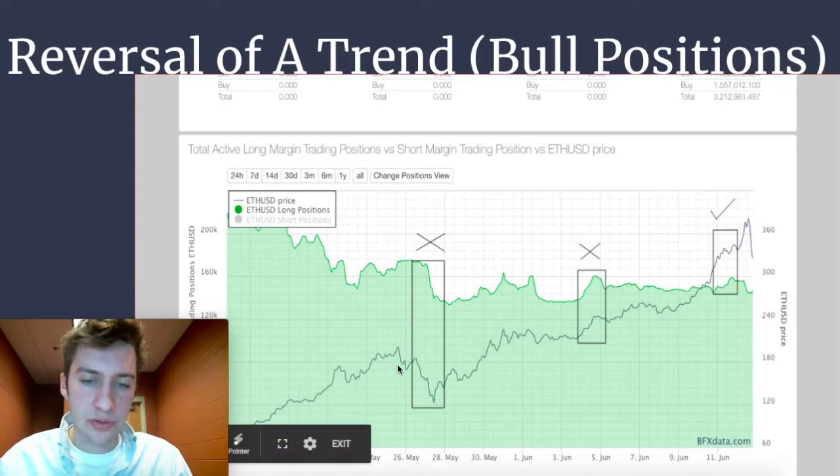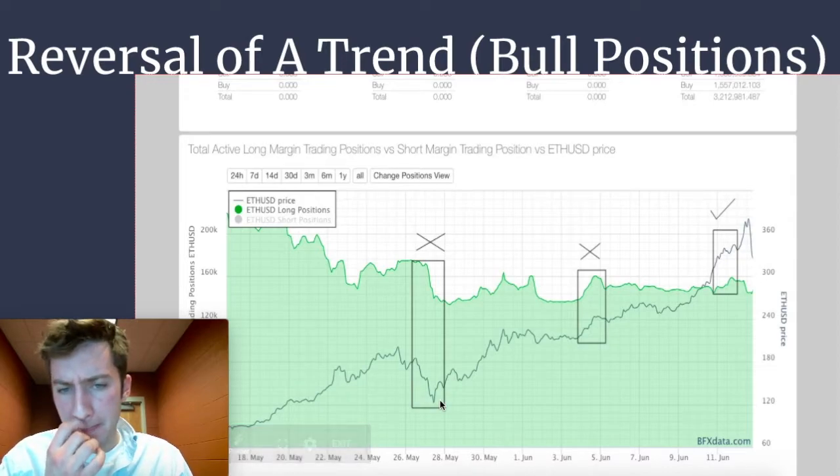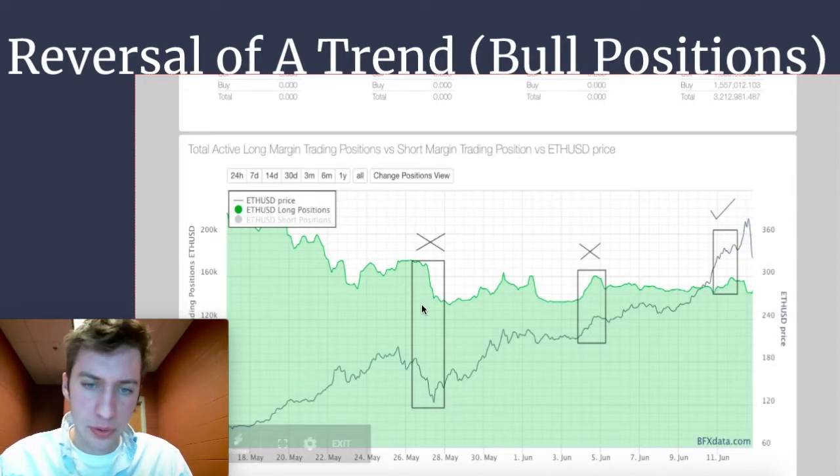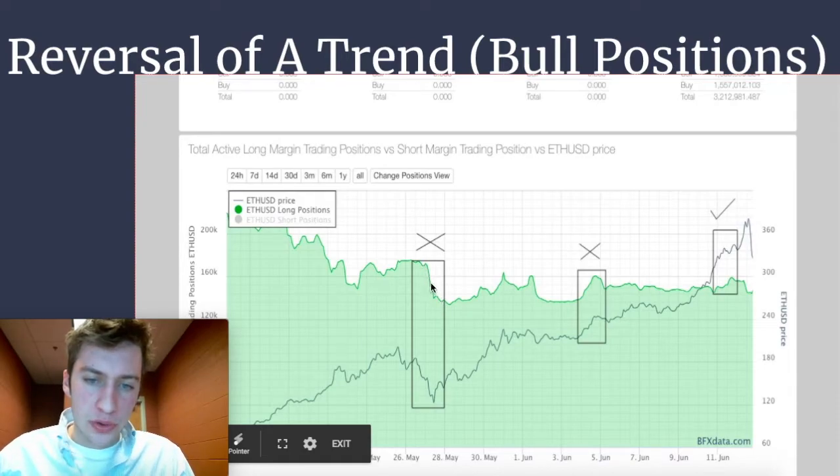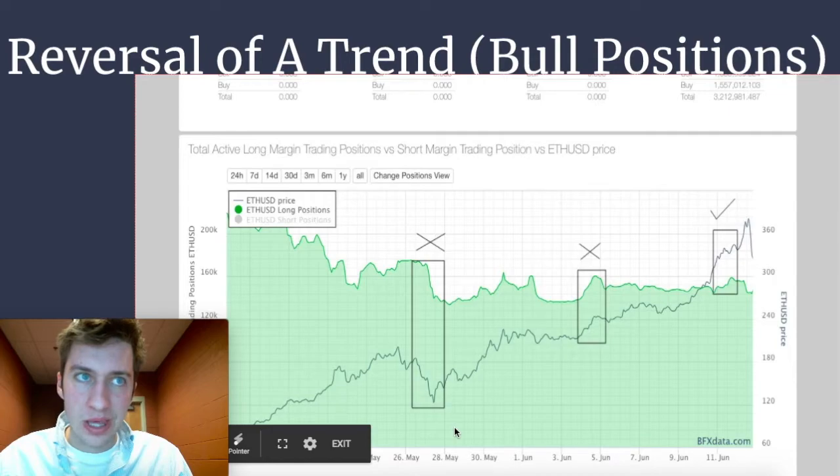This was not a reversal right here. And you might be thinking, wait, why? Well, this is not a reversal because look how many bulls ditch their positions. With all these bulls ditching their positions as price moves downward, this shows that retail traders have caught on to the fact that price is going to keep moving downward. And what that means is the minute that the retail traders begin trading in the right manner, price reverses.